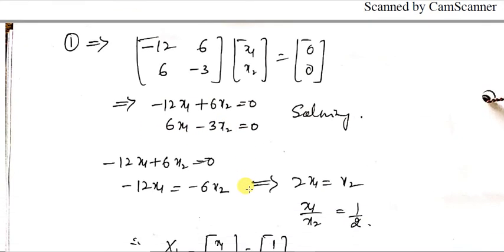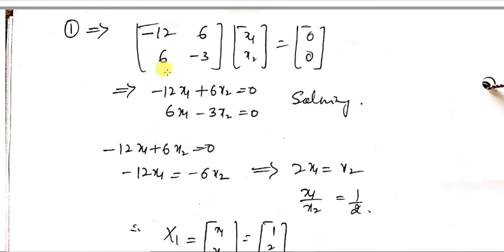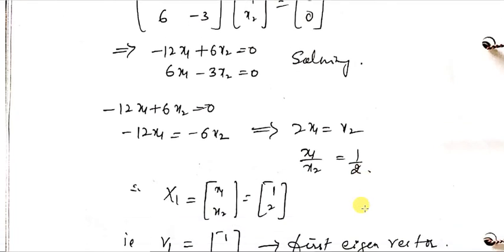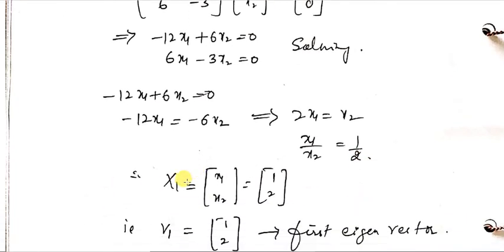Now solving for x1 and x2, I'll take up the first equation, which gives minus 12 x1 is equal to minus 6 x2, which can be written as 2 x1 is equal to x2 or x1 by x2 is equal to 1 by 2. So ratio of x1 to x2 is 1 by 2. Therefore, the corresponding eigenvector for lambda 1 is equal to 16 is given by x1 is equal to [1, 2].